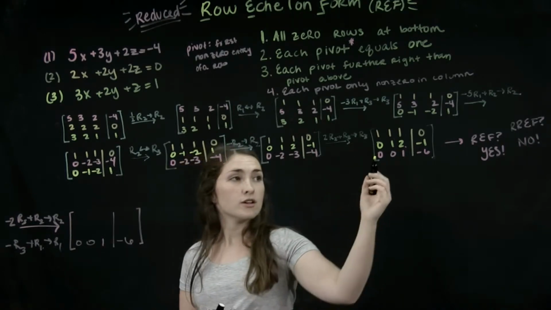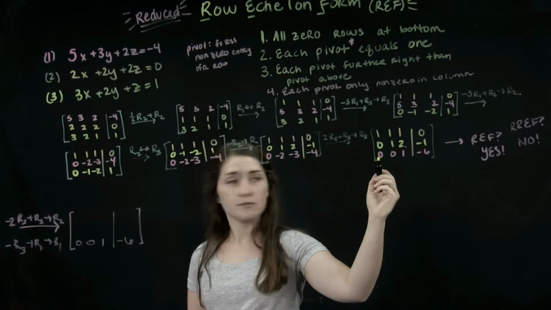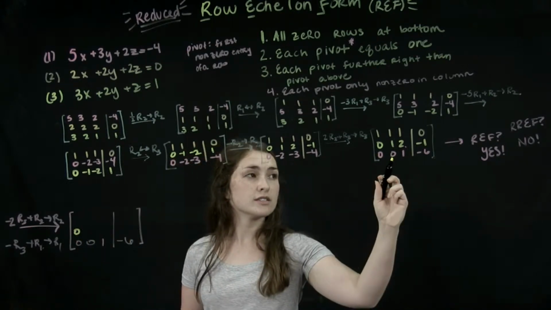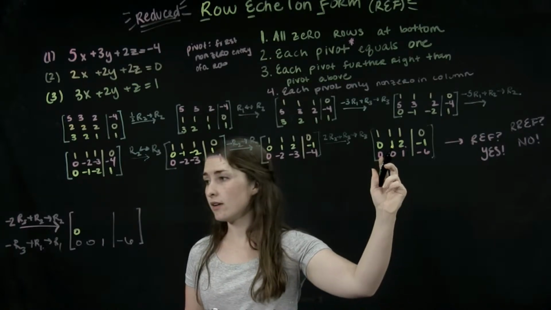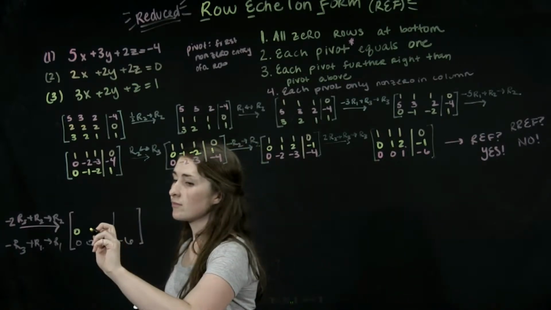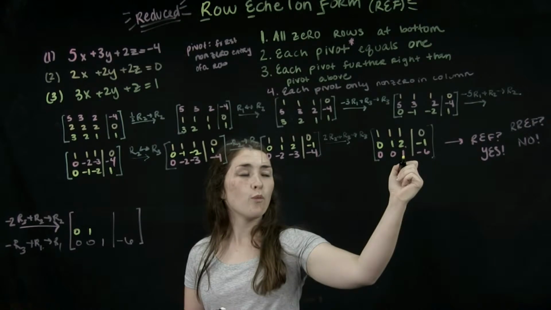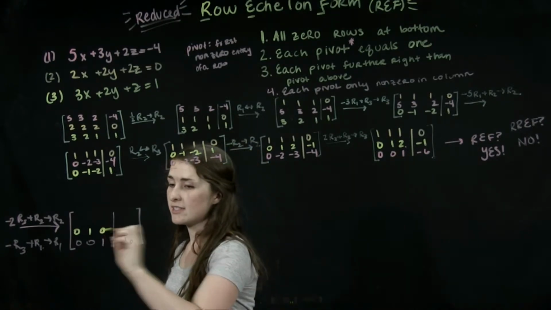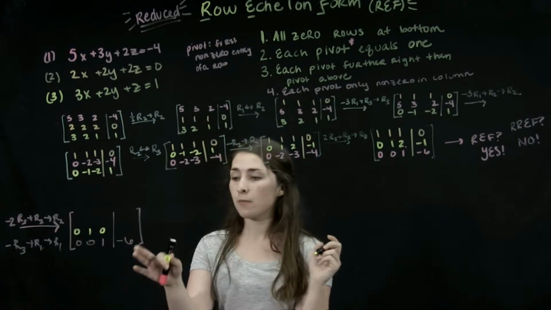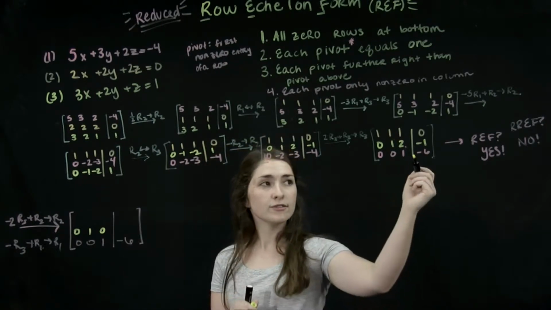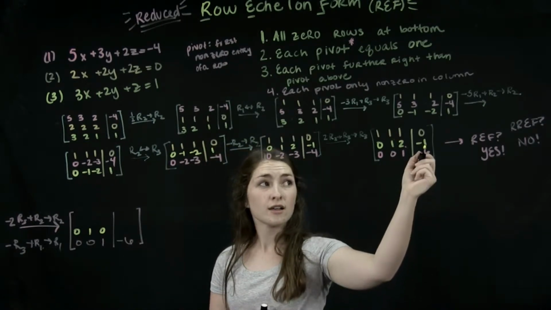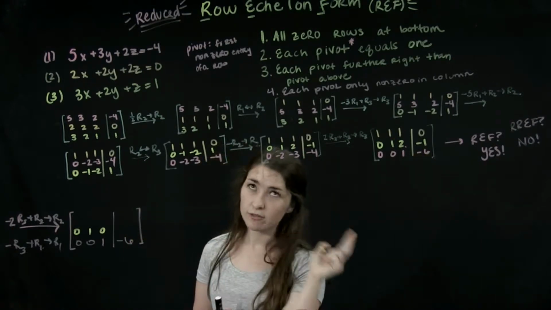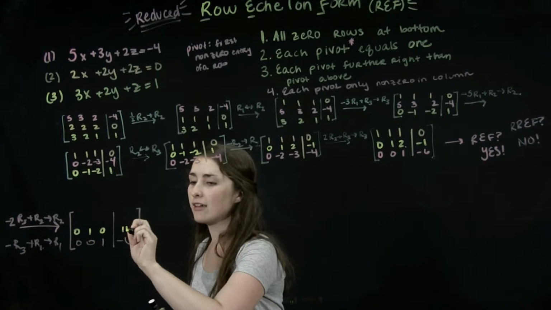So 0 times -2 is 0. 0 times -2 plus 1 is going to still be 1. 1 times -2 plus 2 is going to be 0, which is exactly what we wanted, so we're good on that one. And then -2 times 6 plus -1 is going to give us a 12 minus 1, 11.